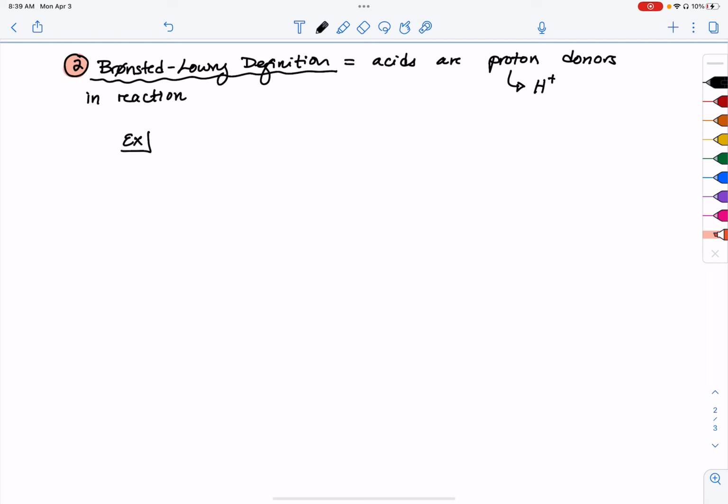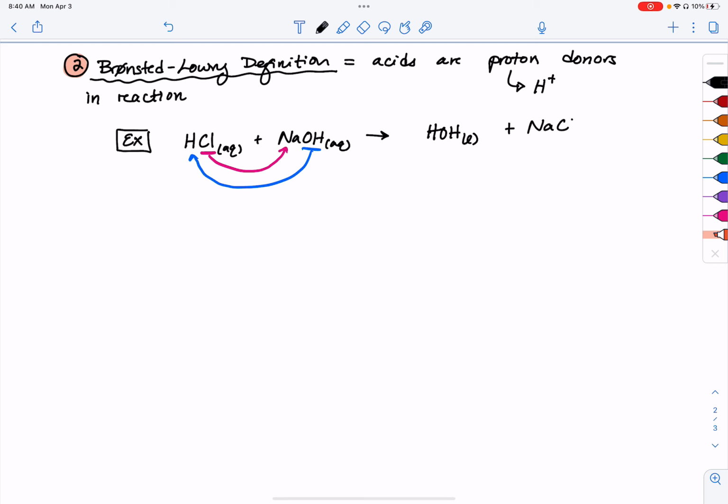And remember, when I say proton here, I mean my acidic H plus. So for example, if I were looking at the reaction of hydrochloric acid and sodium hydroxide, if these were to undergo a double displacement where our cations get new anions, I would see, more simply, the formation of HOH, which is liquid water, and sodium chloride, which is aqueous, right?